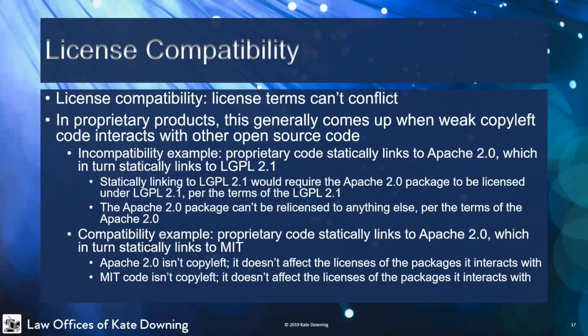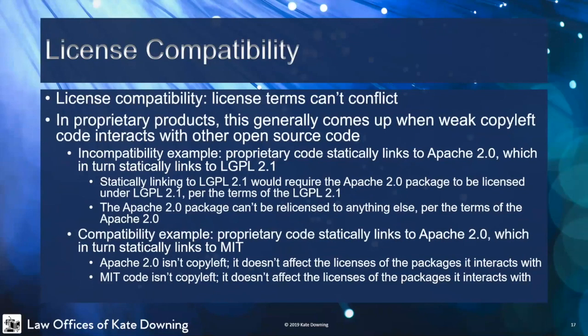And we've really been talking about these packages in terms of how they interact with proprietary code, but you also need to think about the possibility of the open source packages interacting with each other. And in the case here where the Apache package is statically linking to the LGPL 2.1 package, you have a license incompatibility, right? Because I think most people would say that statically linking to LGPL 2.1 would require the thing that is statically linking to LGPL 2.1 to also be then relicensed under LGPL.